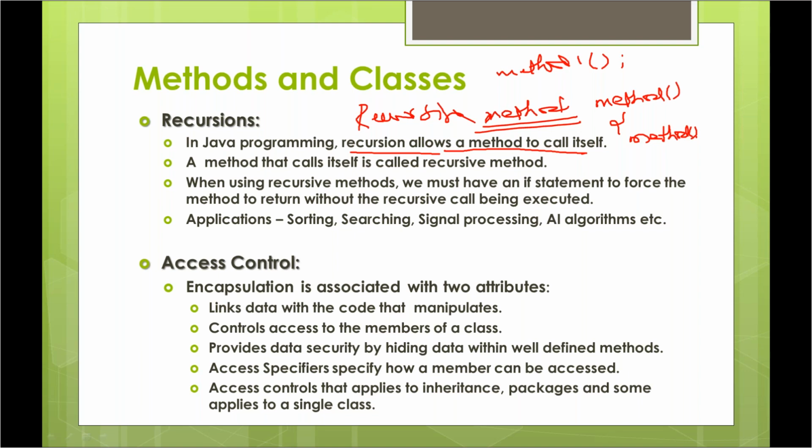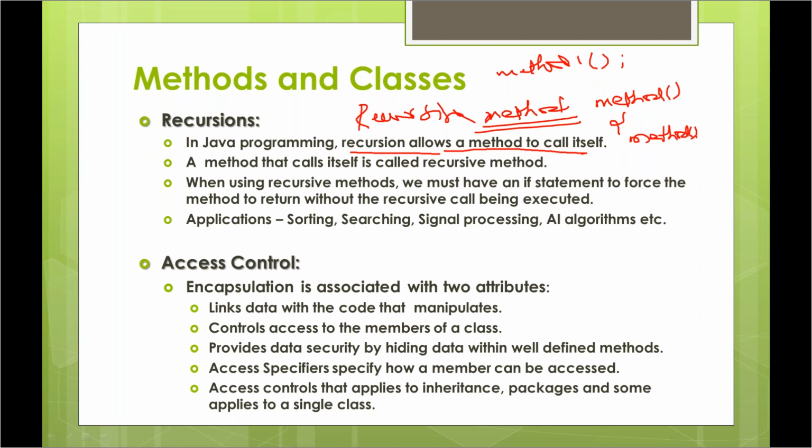But when n is equal to 2, what happens? I will pass 2 while calling this method.